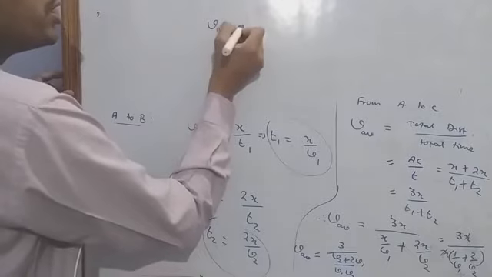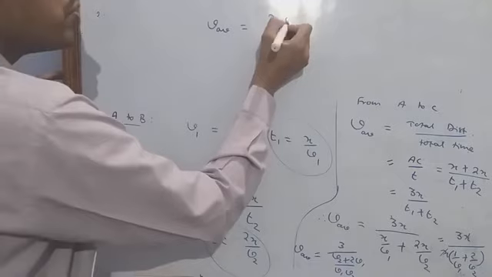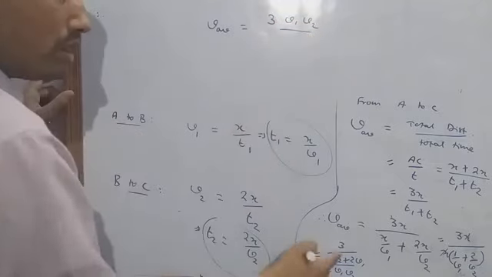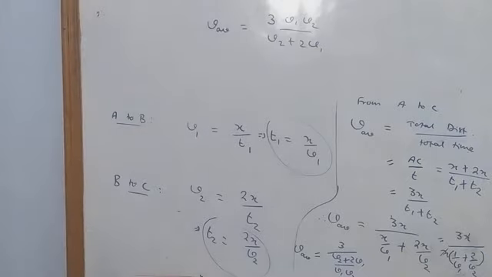Average speed V average will become how much? 3 times V1 V2 upon V2 plus twice of V1. So in this way, we can solve problems pertaining to average speed, average velocity, distance, displacement.